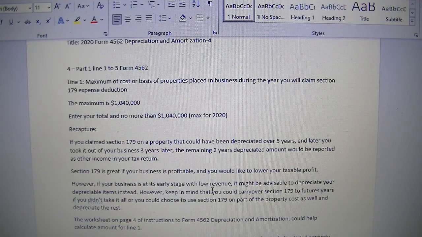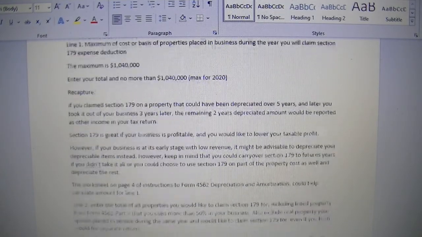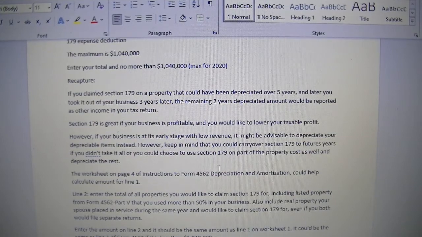So keep in mind that you could carry over Section 179 for future years as well, if you couldn't claim all in the year you reported. But keep in mind as well that with Section 179, you don't have to expense the full cost. You could just choose to expense a part of the cost and depreciate the rest as well. It just makes things a lot more complicated when you are using that route.